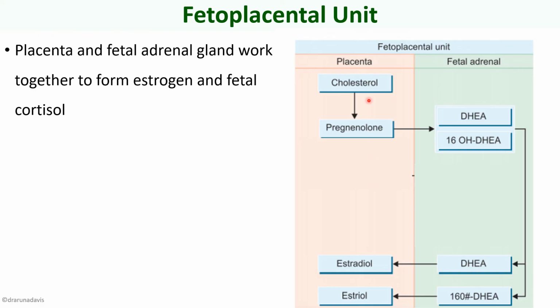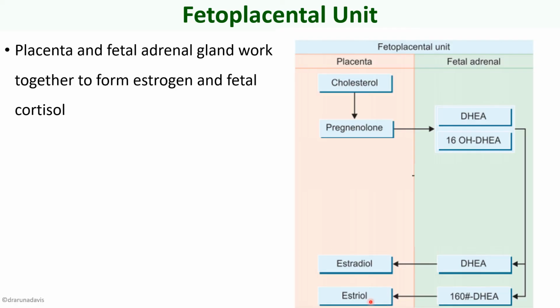The enzymes for converting cholesterol to pregnenolone are seen in the placenta, whereas the enzymes for converting pregnenolone to DHEA and 16-hydroxy-DHEA are in the fetal adrenals. So the fetal adrenals will produce DHEA and 16-hydroxy-DHEA, and this will go back and produce estradiol and estriol.